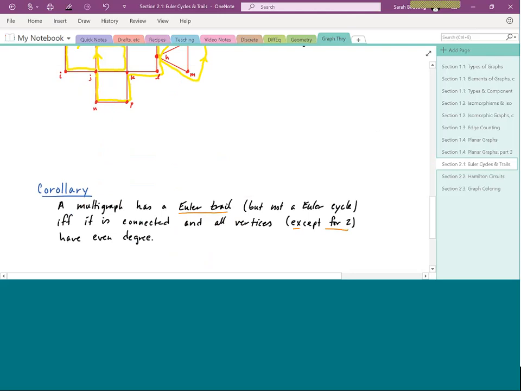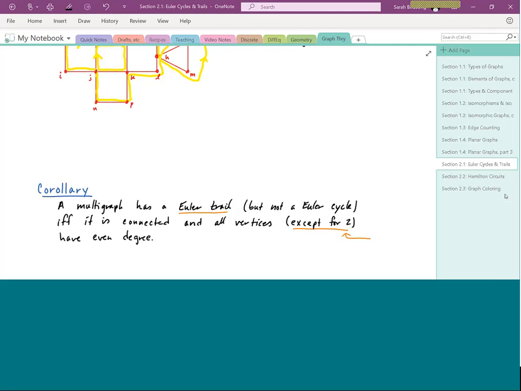These 2 vertices, which have odd degree, those are going to be where the trail begins and also where the trail would end.